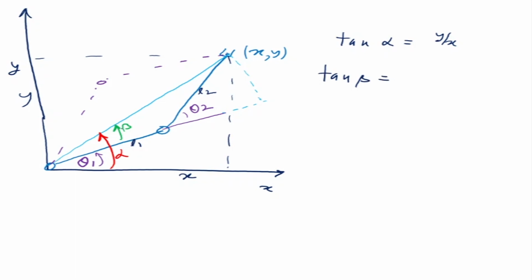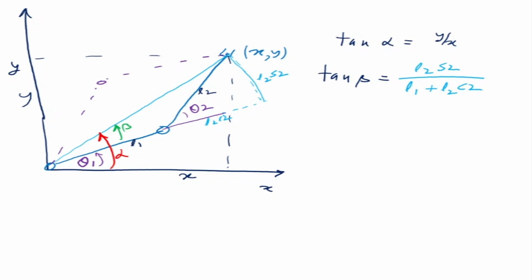If you look at this triangle drawn with the light blue color, it is this length by that length. So tan beta is equal to, this is L2 sine theta 2, and this is L2 cos theta 2, which is equal to L2 sine theta 2 divided by L1 plus L2 cos theta 2. Okay, so we have got tan alpha and tan beta.